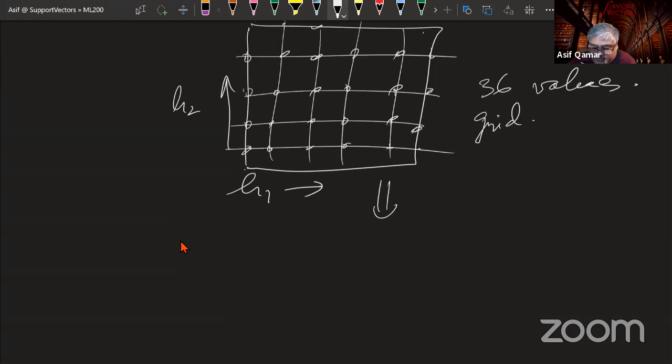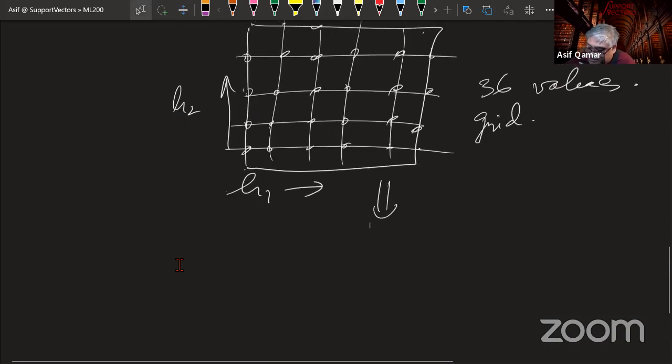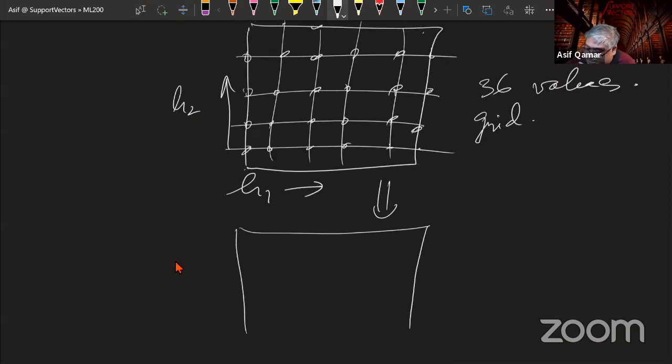Now from this, if I go to randomized, we'll take the same thing, but we do something different. We say randomly pick, let me use some other color.